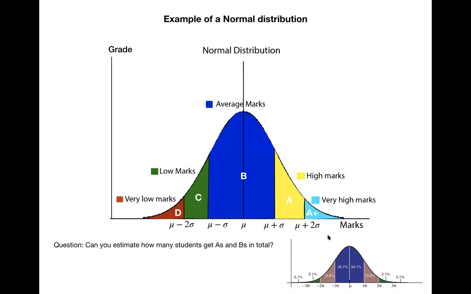Based on this plot, the percentage of A's and B's will be summing this blue area, this yellow area, and this green area. So that's 34% plus 34% plus 13 plus 2 plus 0.1. So that's 84%. It's a very high percentage, which means that the exam is probably too easy, right?